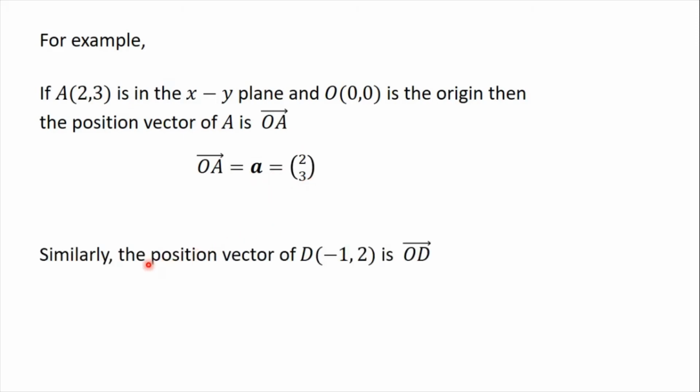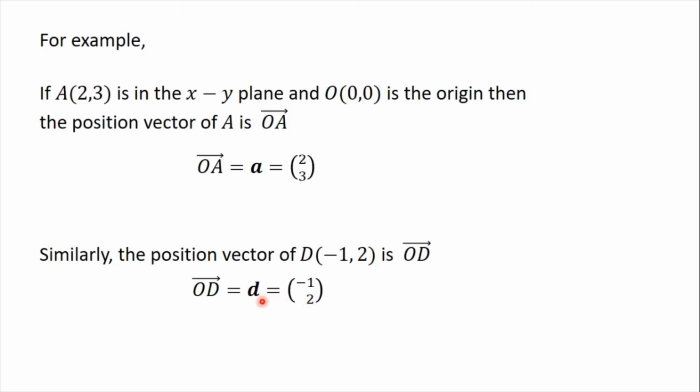Similarly, if the position vector of the point D, which has the coordinates -1 and 2, is OD, so OD is the position vector of D. The components of this position vector OD, which can also be written as small letter d, are given as: the x coordinate of the point D will be the x component of the position vector d, and the y coordinate of the point D will be the y component of the position vector d.